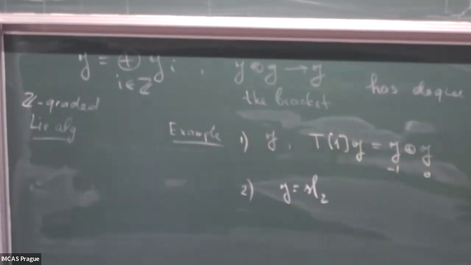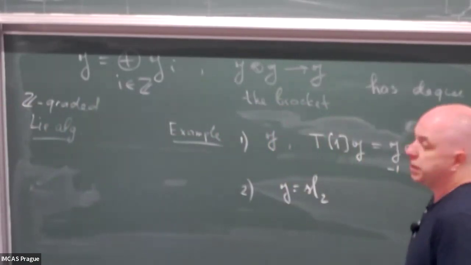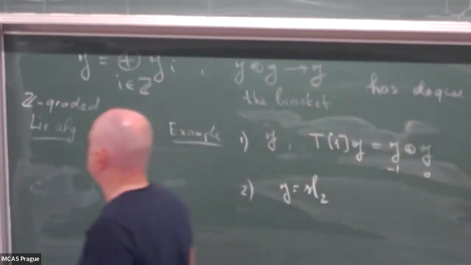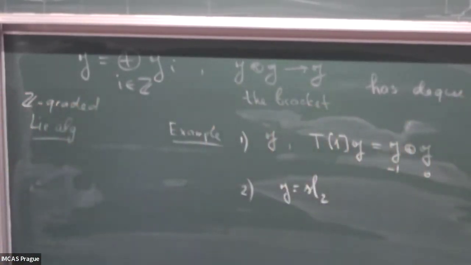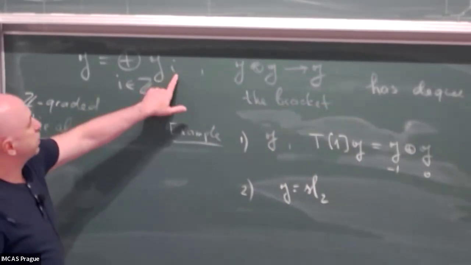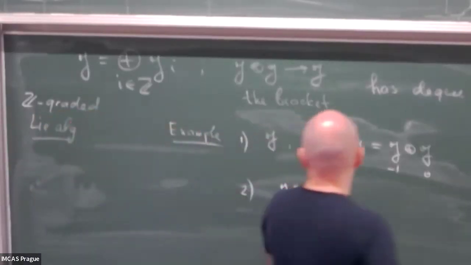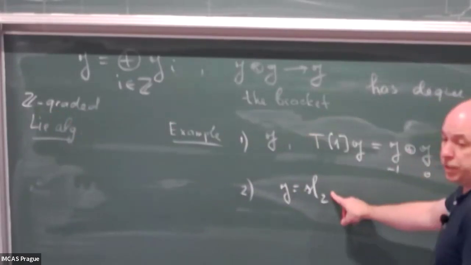When we talk about the graded case, we do not necessarily mean that there's any sign rule, so the sign rule can be trivial. We always assume that the algebra can be super, but this does not mean that elements of odd degree are necessarily odd in the super grading. So the super grading and Z grading are compatible. But here, for instance, there is an example of SL2 which is purely even.